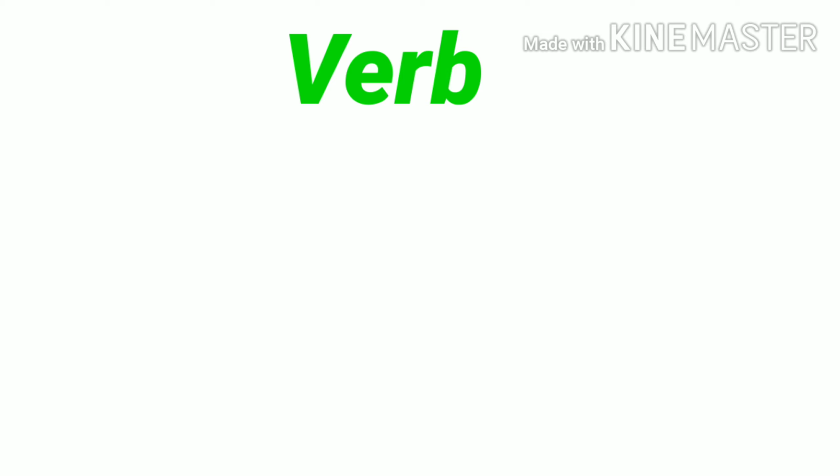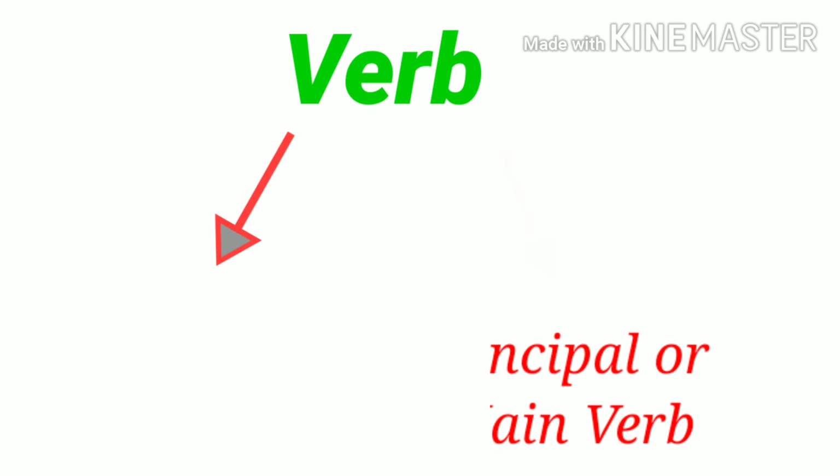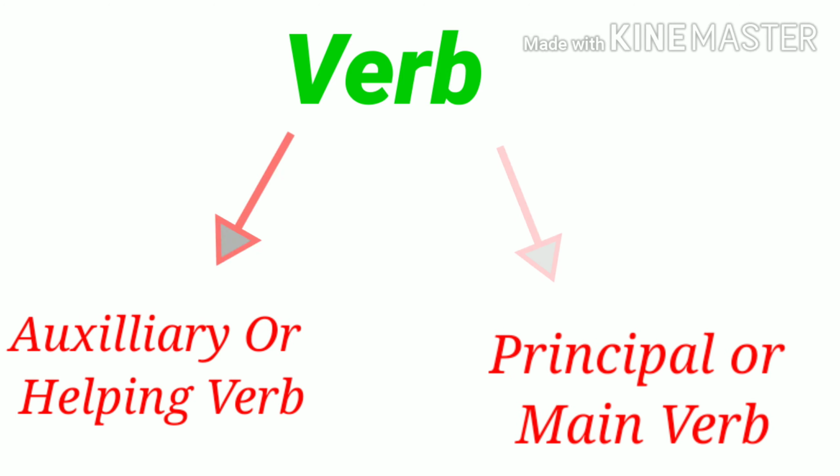Then again we have to know two important things about verb. That is, verb is divided into two most important parts, that is helping verb and principal or main verb. Helping verb is also known as auxiliary verb, whereas principal verb is also known as main verb.